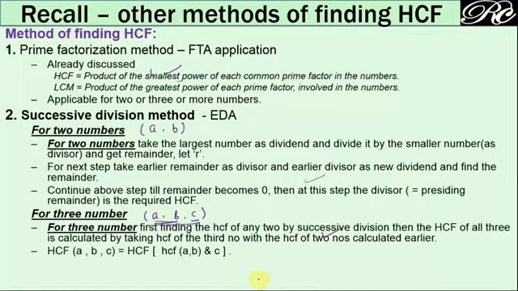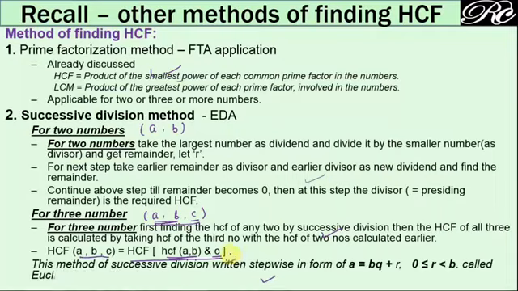Therefore, HCF of A, B, C is calculated by first taking the HCF of A and B, then taking the HCF of that earlier HCF of A and B with C. So this is how it is calculated. Let us solve one example to understand it more. And this method of finding HCF by the successive division method is also called Euclid's division lemma.